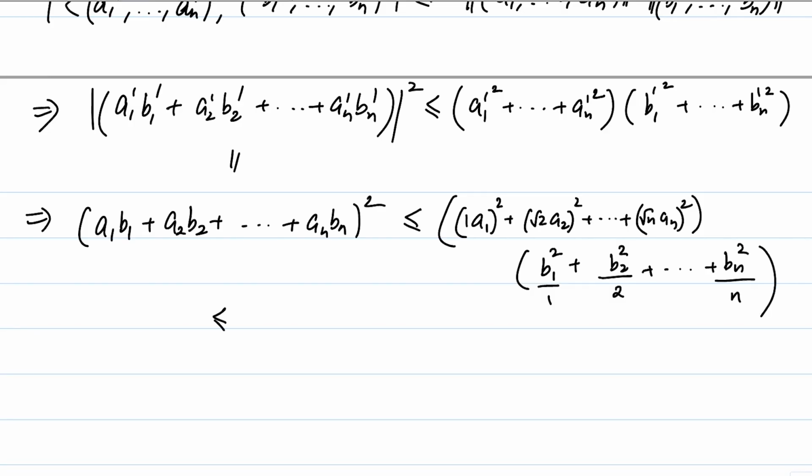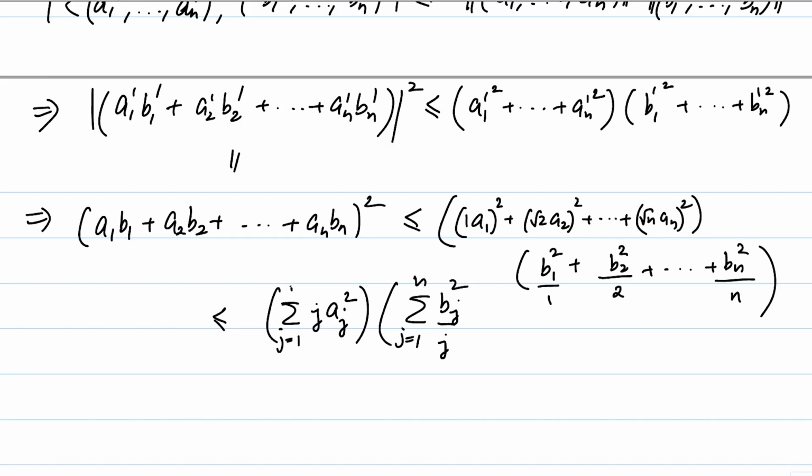So this is less than or equal to, the RHS is now just summation, well, let me write it as, summation j aj square times summation bj square by j, where j goes from 1 to n. And that's precisely what we had set out to prove.